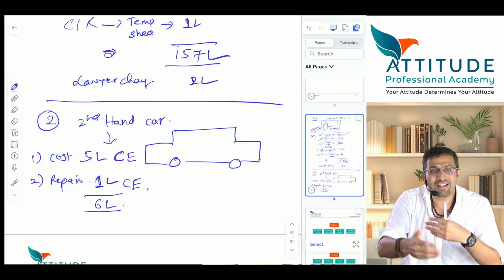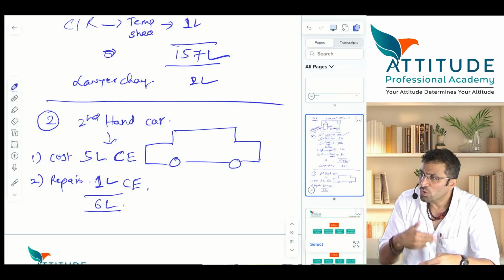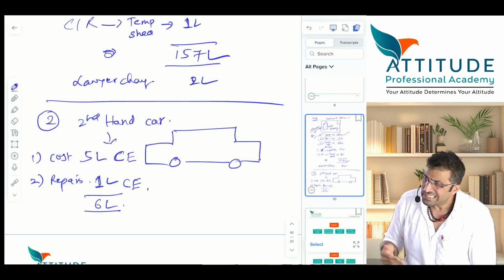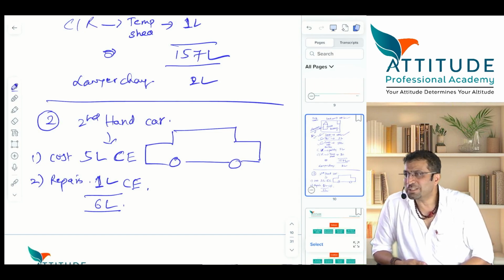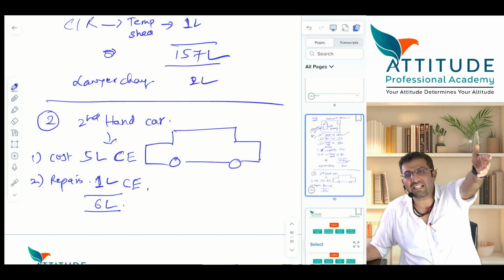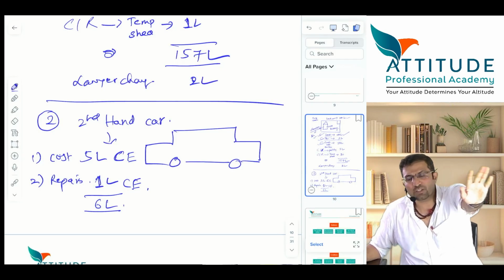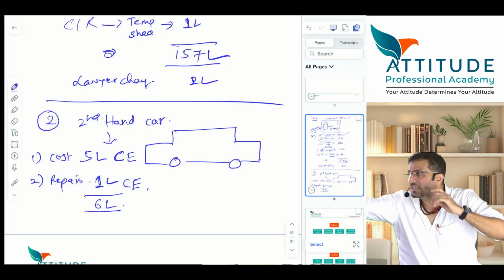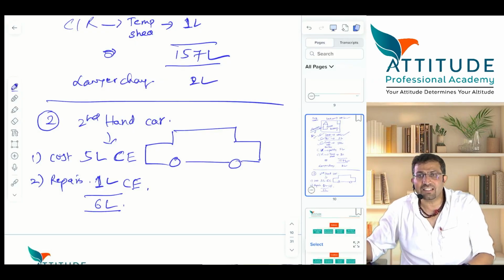This is known as overhauling of the engine. Overhauling of the engine is also what? A capital expenditure. उसके बाद जो आप repairs करते हो, maintenance करते हो, that is not capital expenditure. That is what? Revenue expenditure. Is that clear?